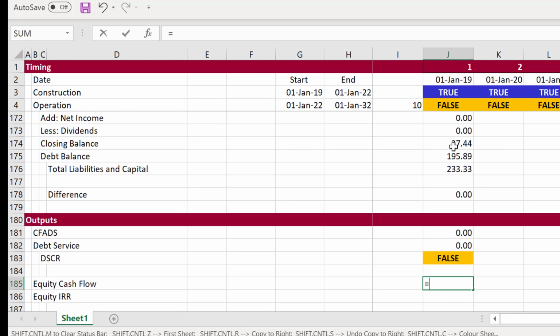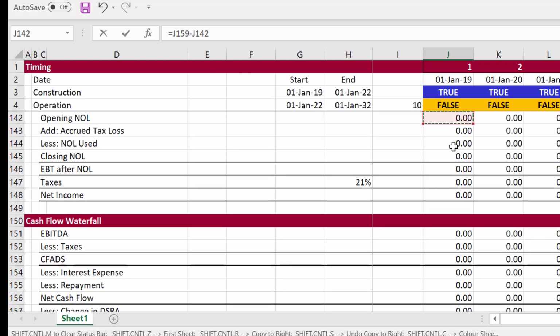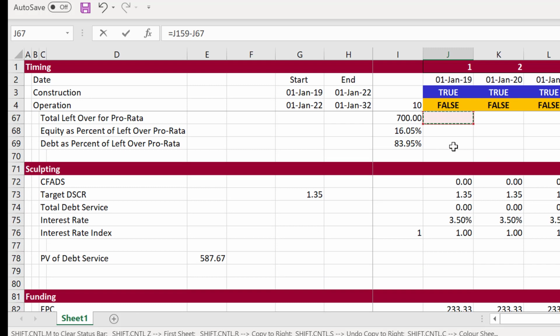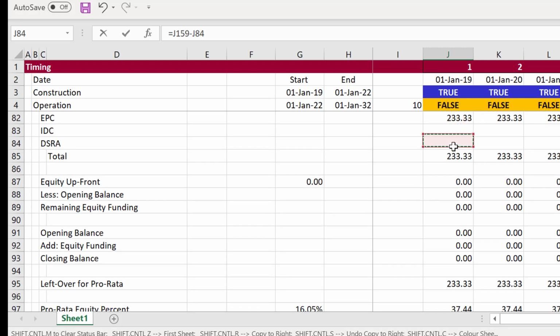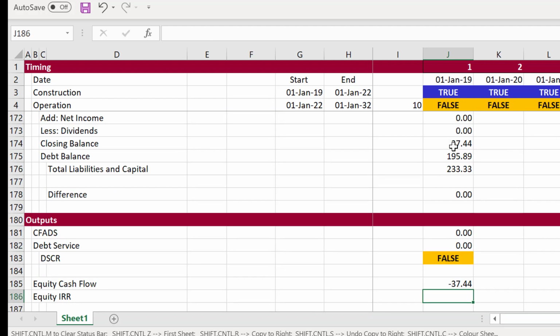Okay, and then we'll put our equity cash flow as the dividends here minus the amount we invested, which is in the funding section, which is kind of down here at the bottom.